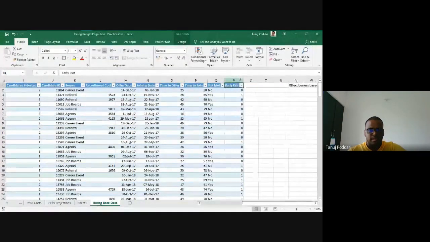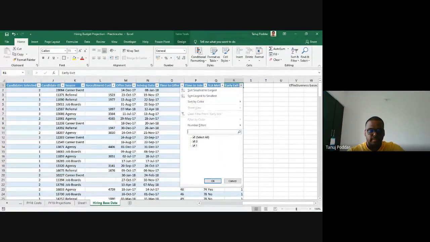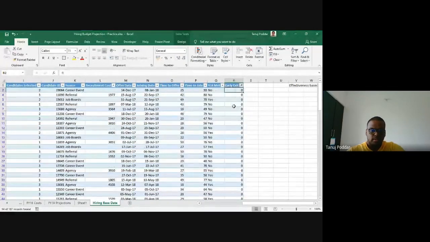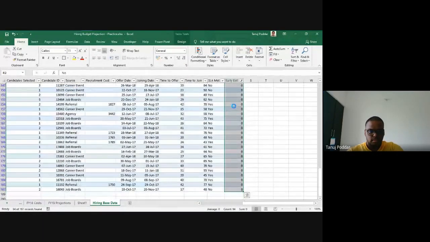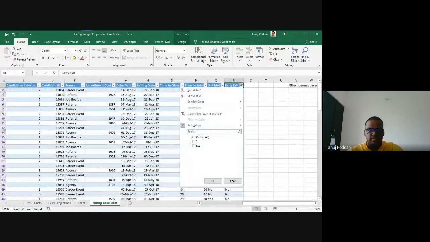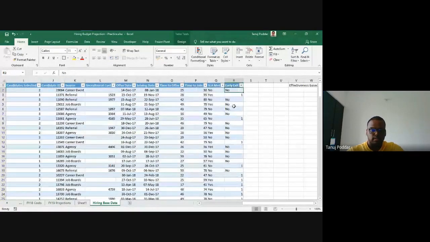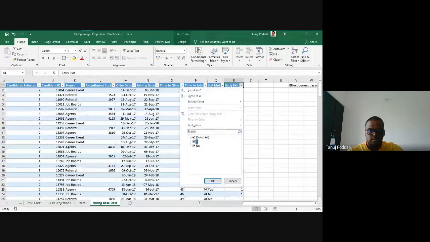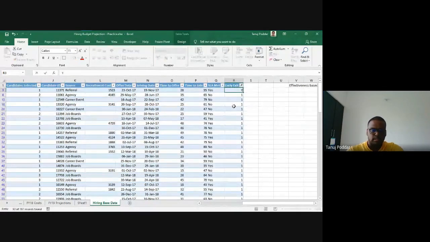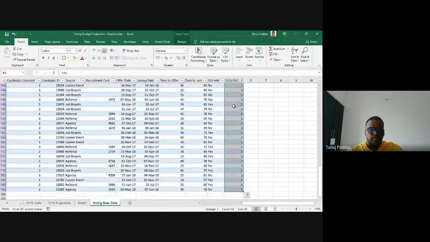I'm just adding random values to it. Anyone who is 0 is basically a no, and anyone who is 1 is a yes, for the exit, yes and no.